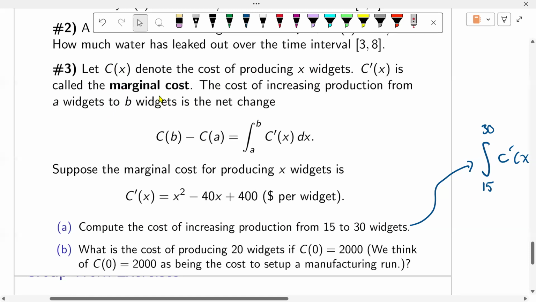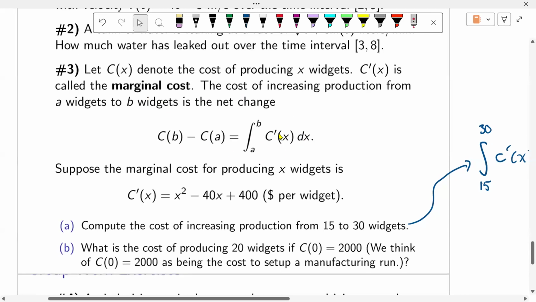The derivative of this is what's called the marginal cost. And so if you wanted to know the cost of increasing production from, say, A widgets to B widgets, it's really just C of B minus C of A, or equivalently the integral of C prime of X.